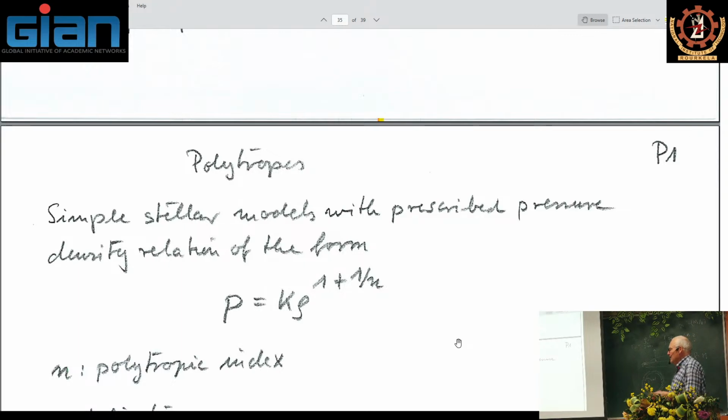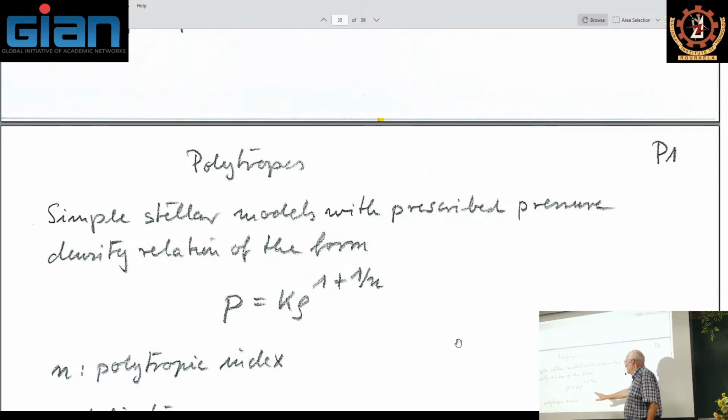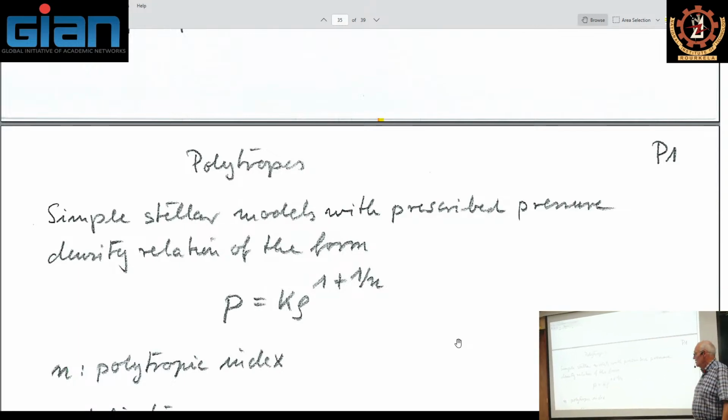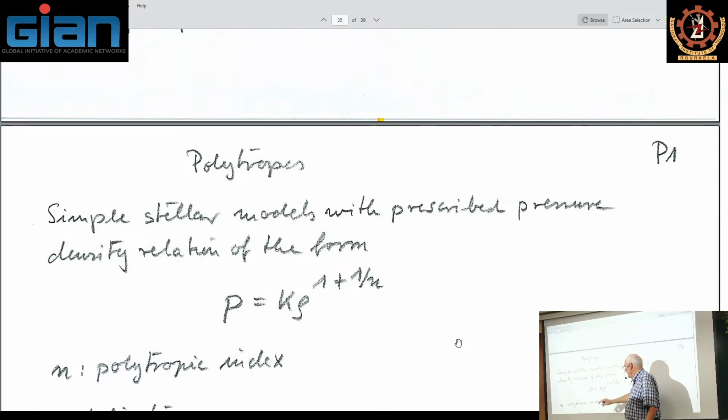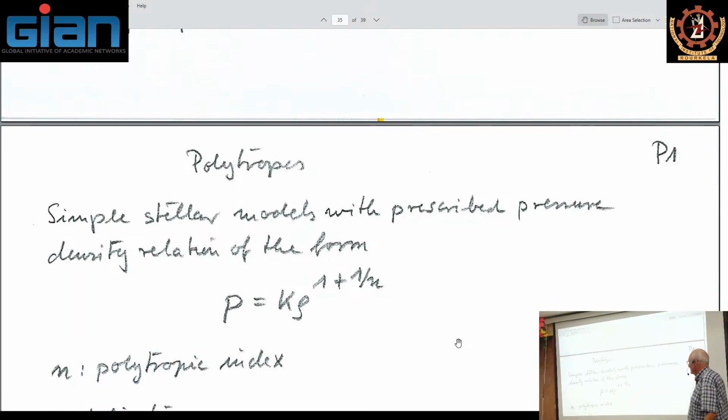Polytropes are stellar models which are based on the assumption that pressure only depends on density. And in a particular form, well, pressure depends on density in the form of a power law. Pressure is given by a constant times rho to some power, and the power is usually written in terms of 1 plus 1 over n, where n is called the polytropic index.